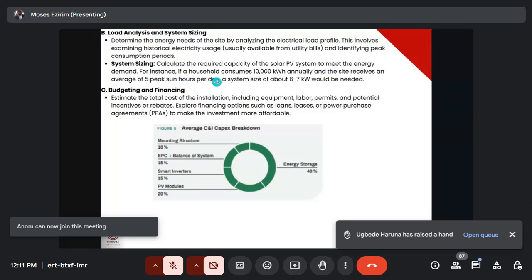Now, what I'm trying to say is that, for example, if the energy for a day from a particular facility is 5 kilowatt hours.